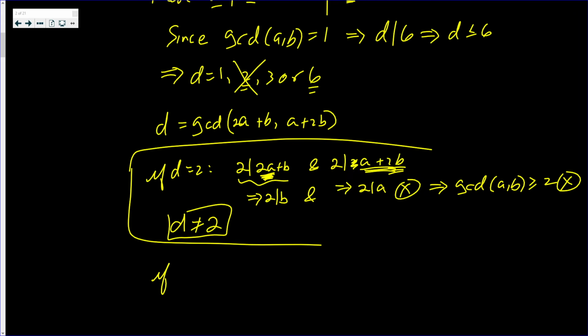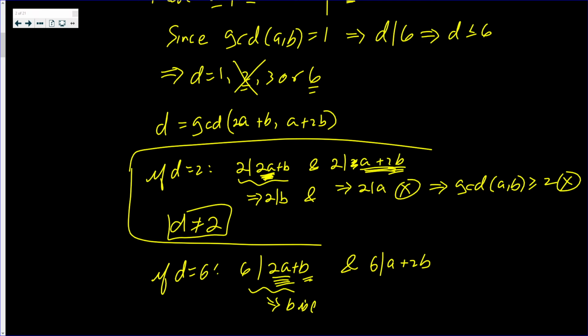Now, if D is equal to 6, that would imply that 6 divides 2a plus b, and 6 divides a plus 2b. But 6 only goes into even numbers. This number is even. This here implies that B is even.